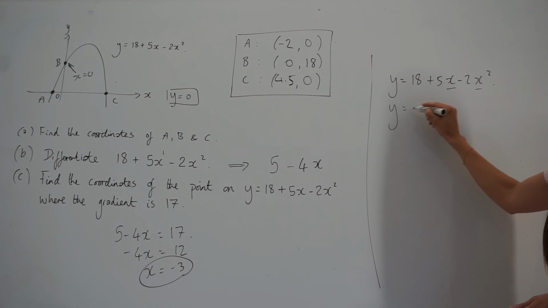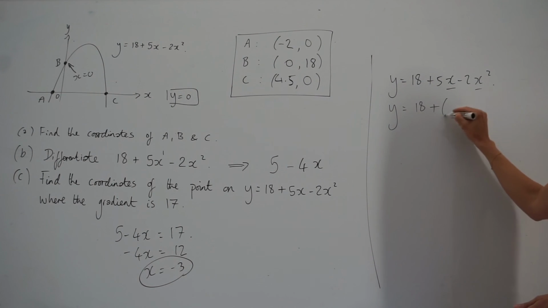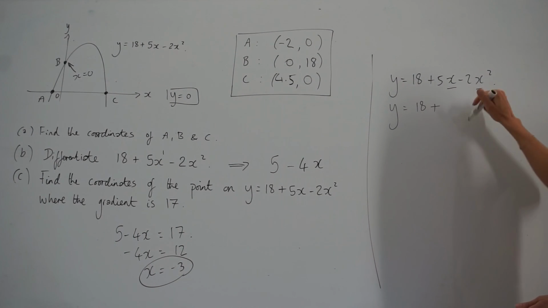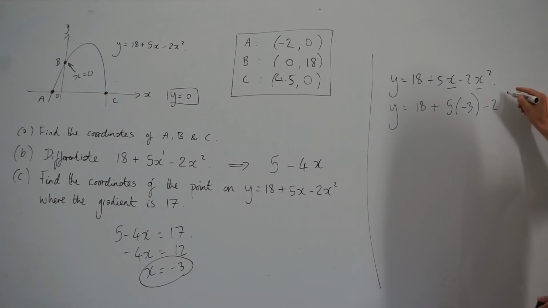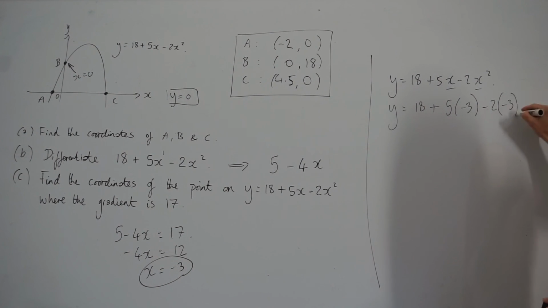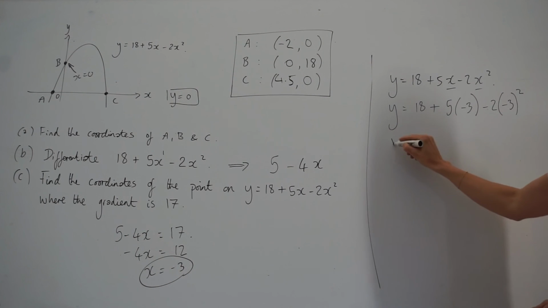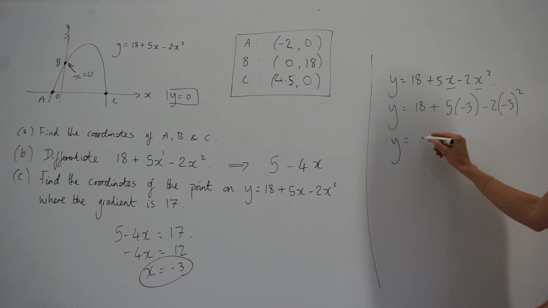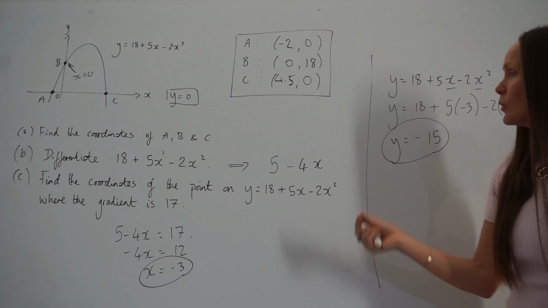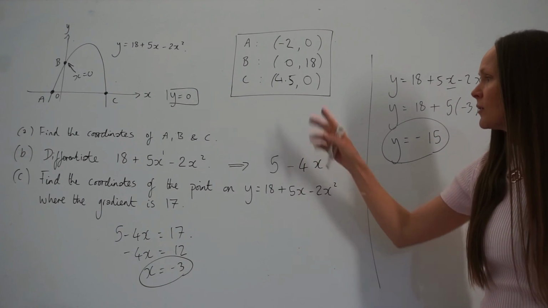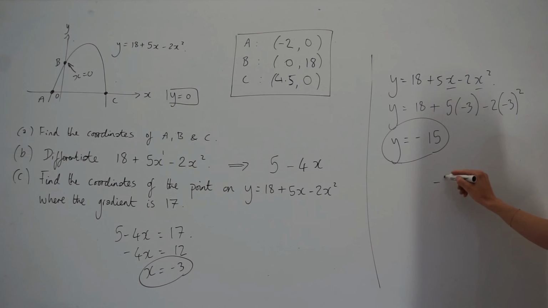So y is equal to 18 plus 5 multiplied by negative 3, take away 2 multiplied by negative 3 squared. And then if you calculate this, you should find that y is equal to negative 15. Okay, so there's our y coordinate. So the coordinates of the point on our curve when the gradient is 17 would be negative 3, negative 15.